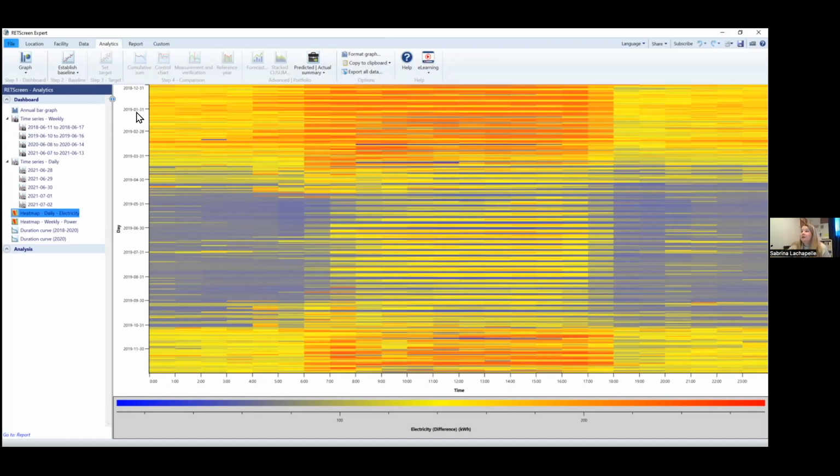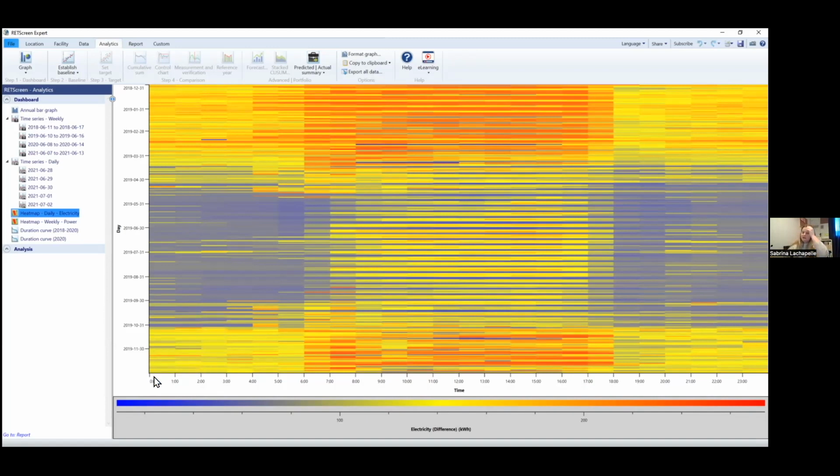If I put my mouse here, you can see that we are seeing one row for each day of the year. And then if I'm looking at my x-axis, we can see that we have data for each hour. So once again, we decided to group the data by hour, but you could be working with any period that you imported into the data.